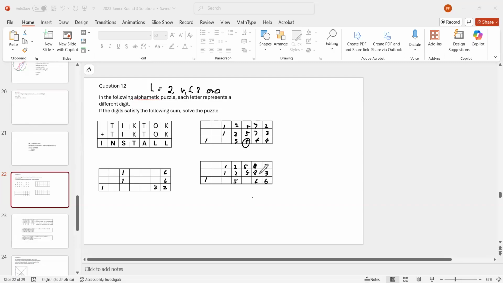Hmm. 16. So this is 1. So even this doesn't work. Okay. I seem to have got lost here somewhere.